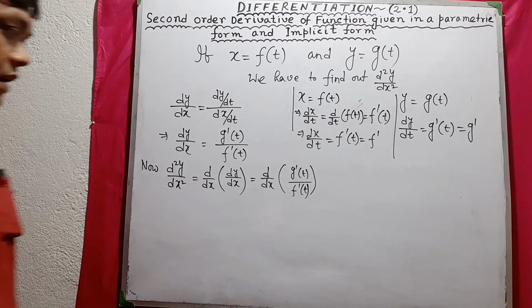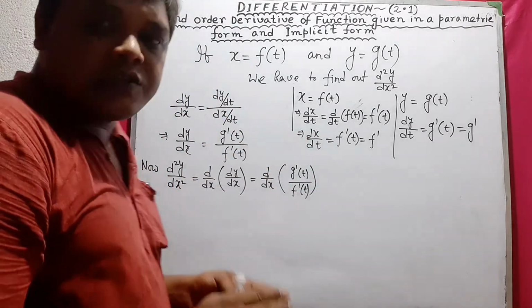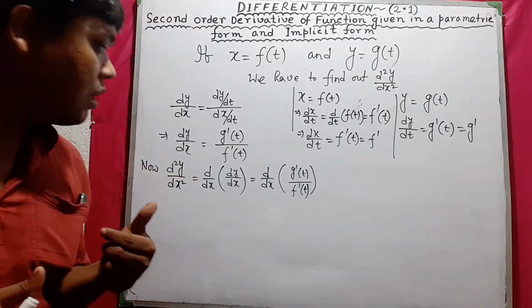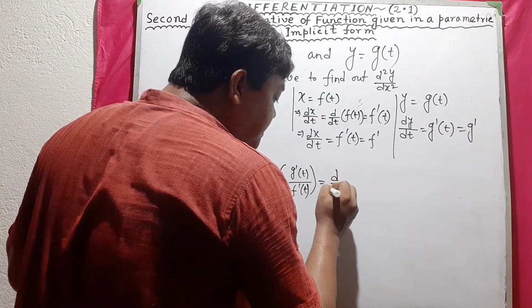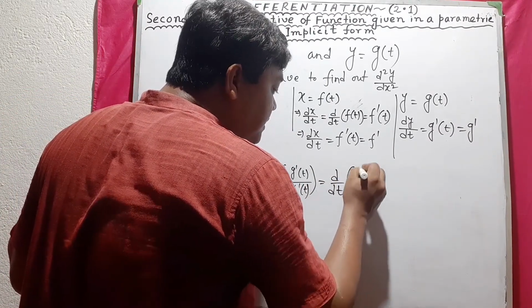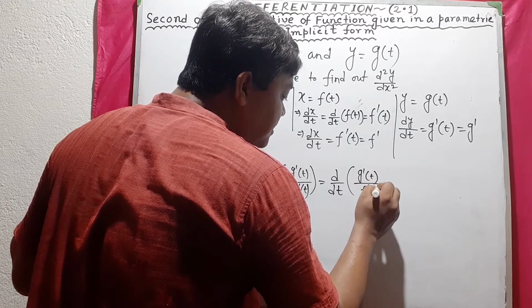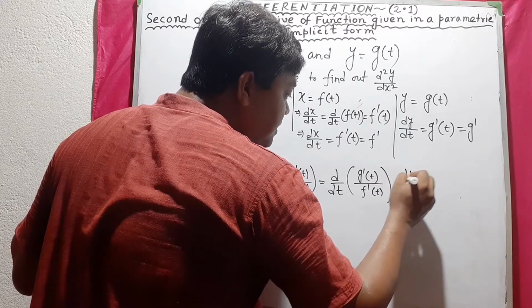Clear? So in the bracket, the function is totally a function of t. Okay. So how to differentiate it? So by using the chain rule, we have already discussed, d/dt of g dash t by f dash t into dt/dx.